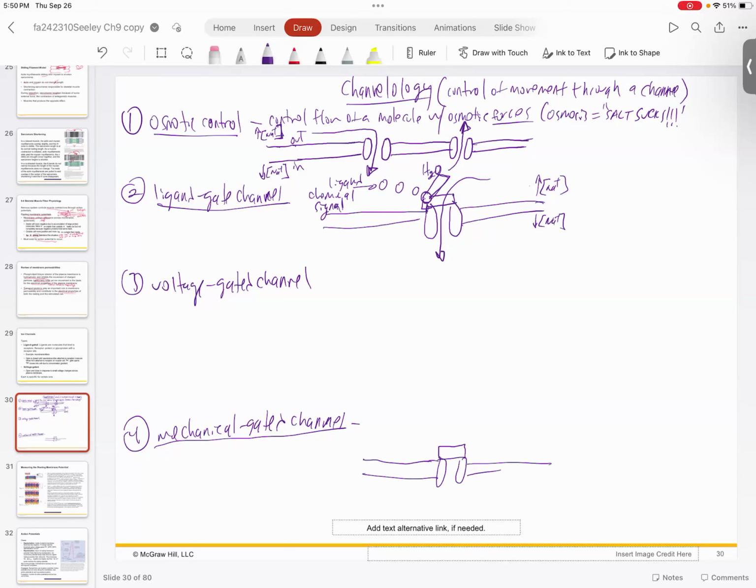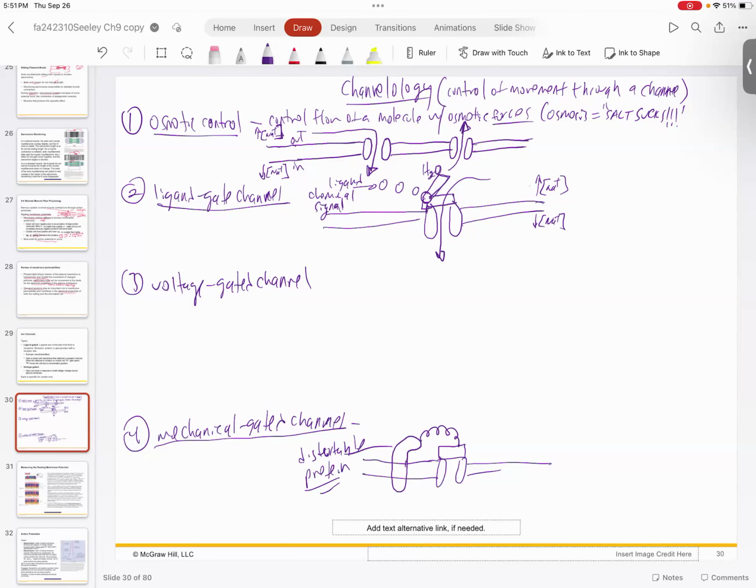And typically, along with this gate is a protein that has distortable ability. So this is a distortable protein. And this is attached to a hinge protein that is tethered to the gate.